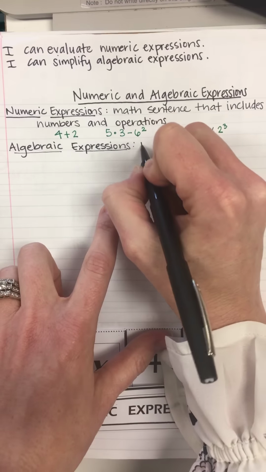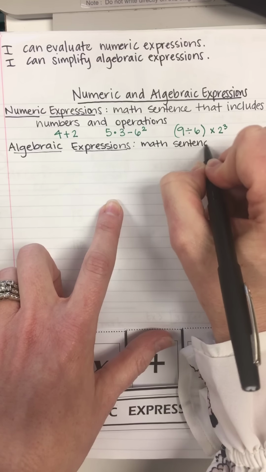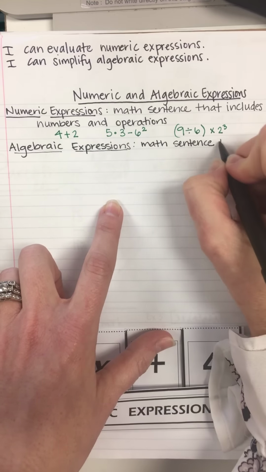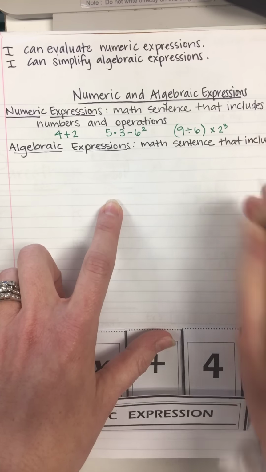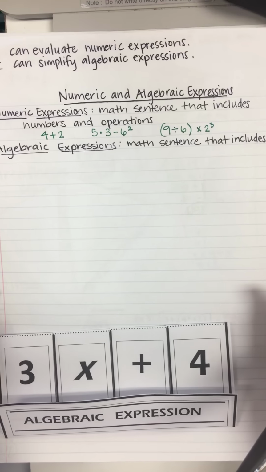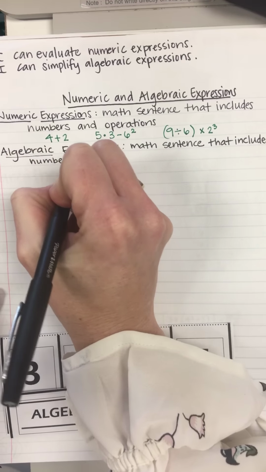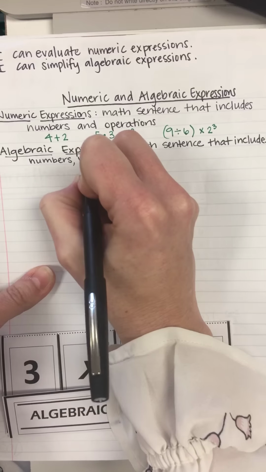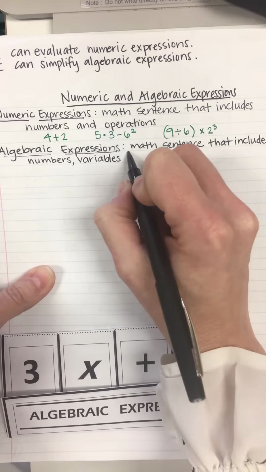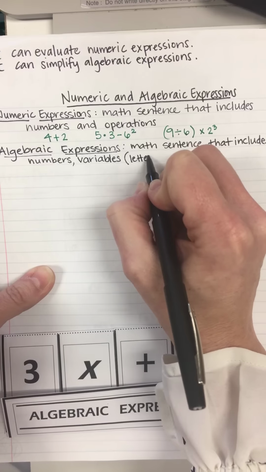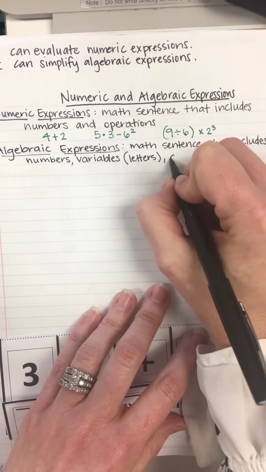So these are a math sentence that includes numbers. You all know what numbers are. Variables, which we're going to talk about what variables are in just a second. Really, they're just letters. And operations.